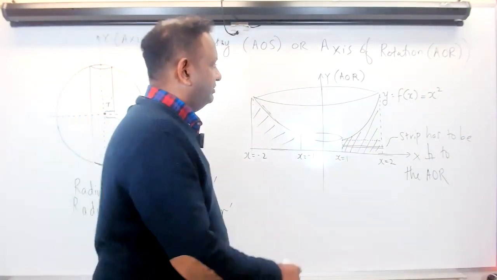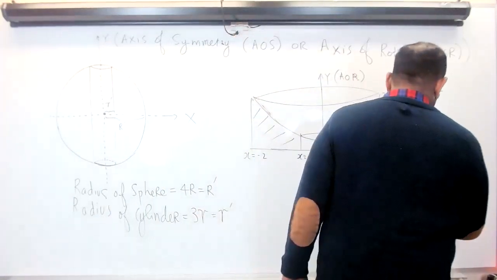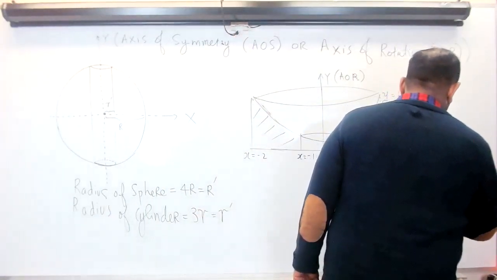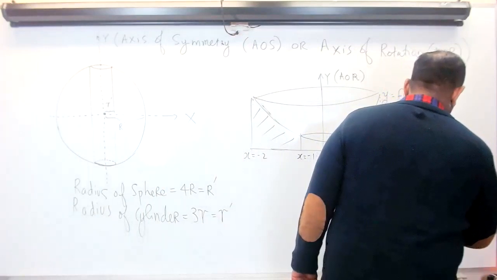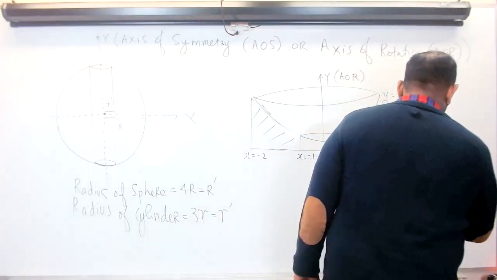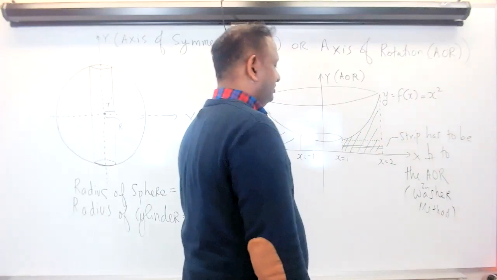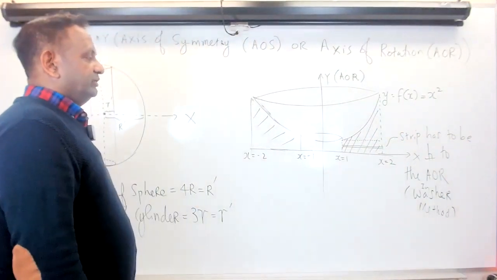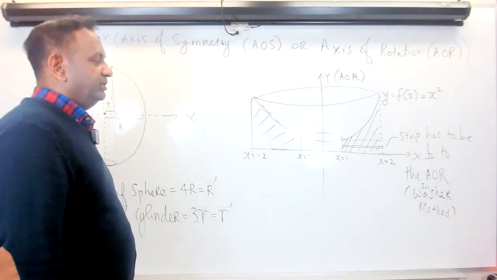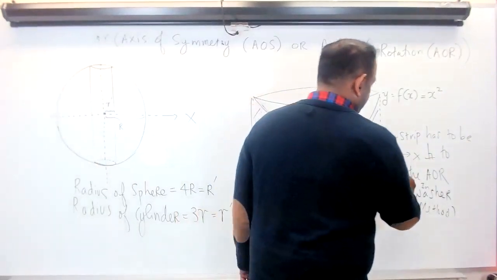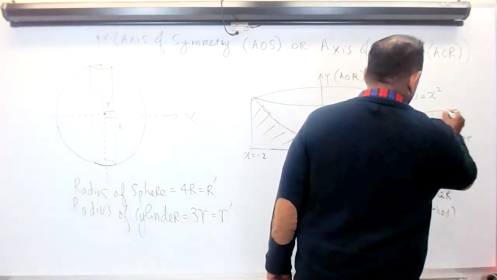In the washer method, you have to make sure your small strip is perpendicular to the axis of rotation. I'm talking about this one.